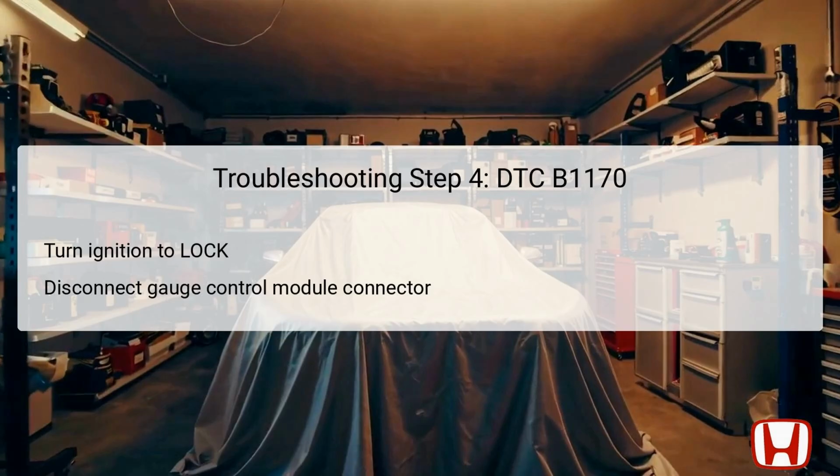By isolating the gauge control module from other systems, the technician can better assess potential wiring faults or failures within the module itself. It is crucial to ensure that all disconnections are done carefully to prevent damage to the connectors and the control module.